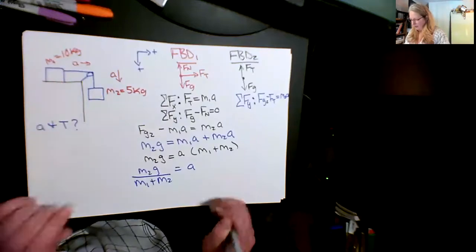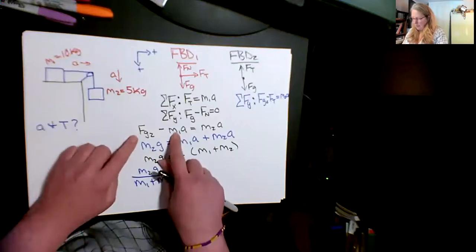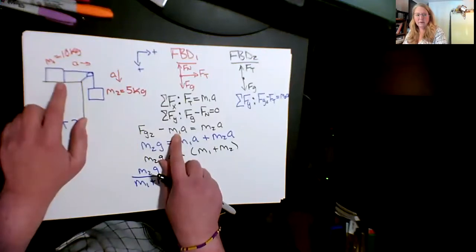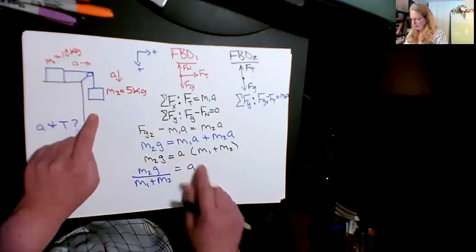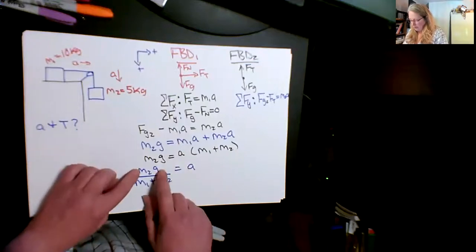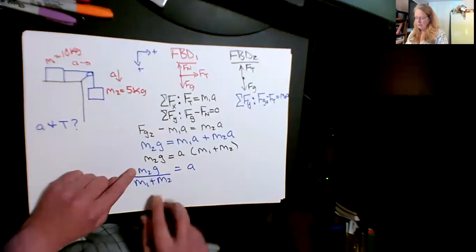So let's take a look at this. What does this say? This says that this mass 1 and this acceleration, well, that is what's resisting this motion, right? So when I solve it, this is the force that is causing the acceleration.